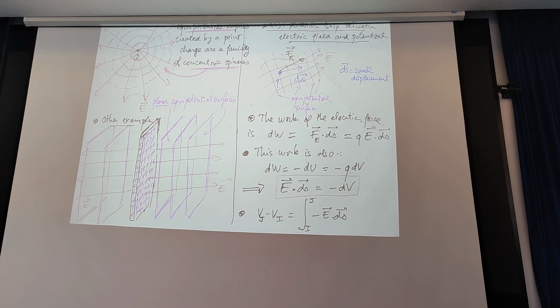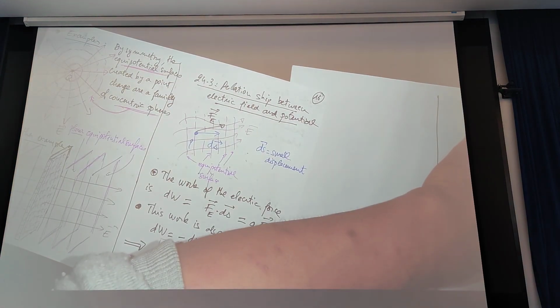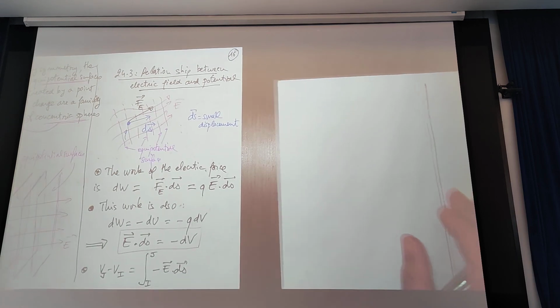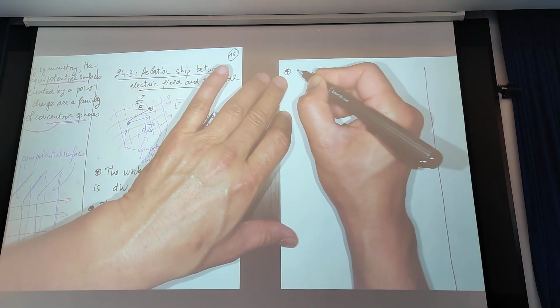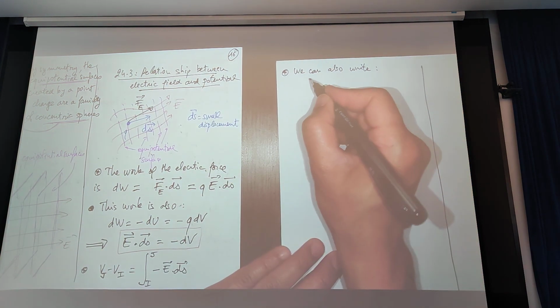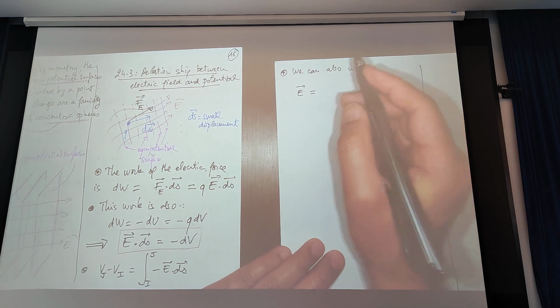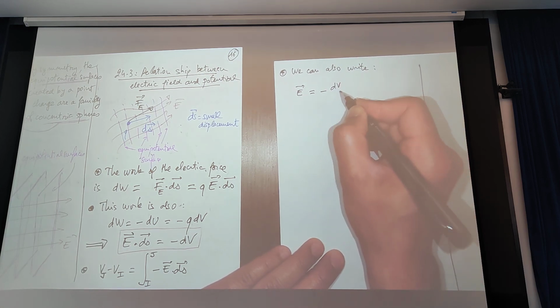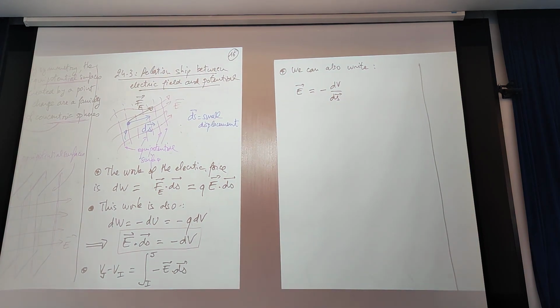Can I continue? We can also write now that the field is equal to minus dV over ds. Do you understand?